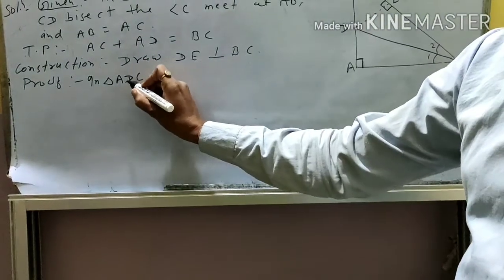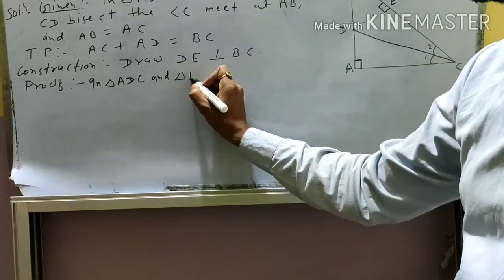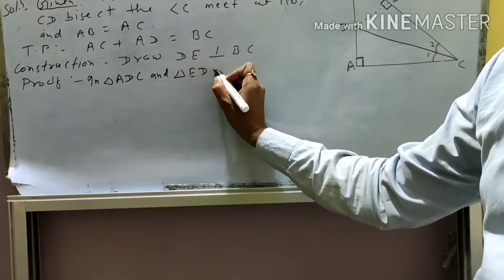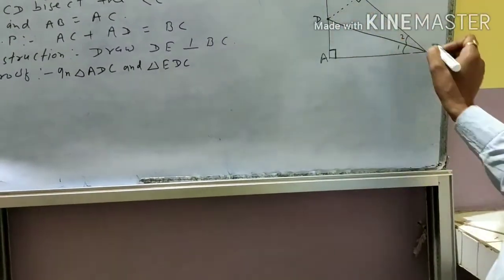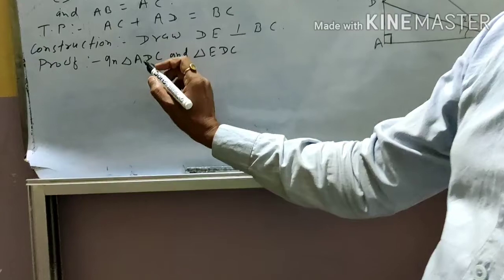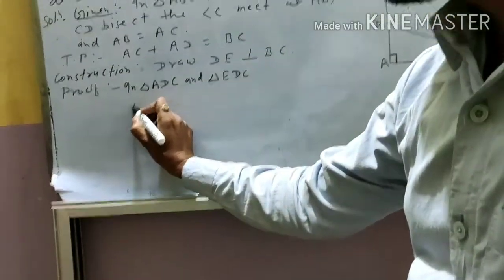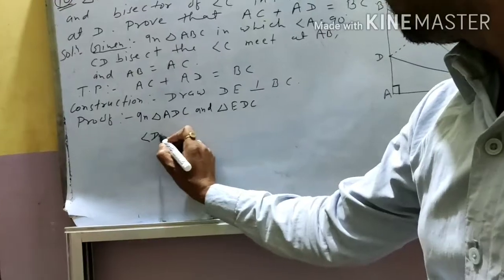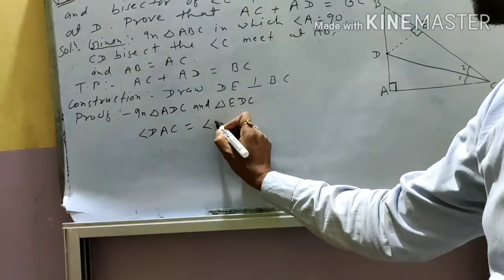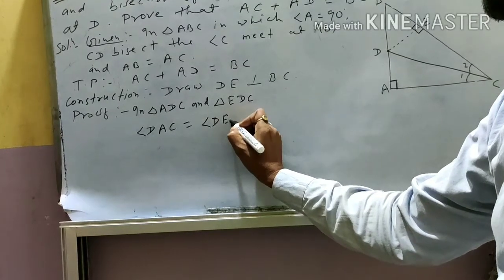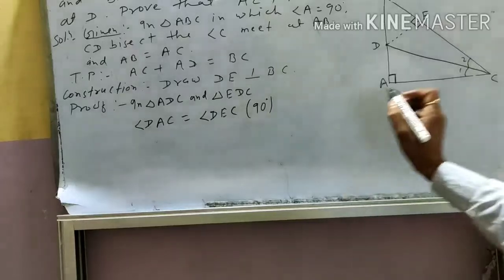In triangle ADC and triangle EDC, angle DAC is equal to angle DEC, 90 degrees.